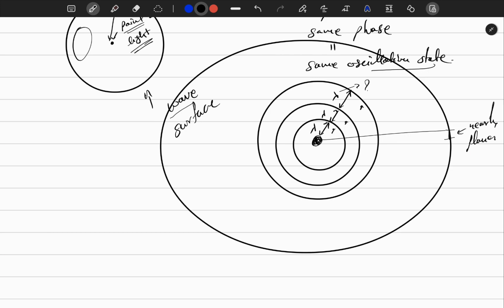In that case, this is called a planar wavefront.